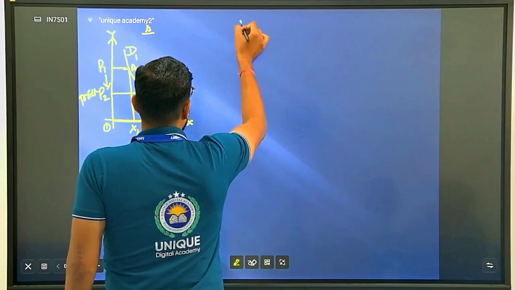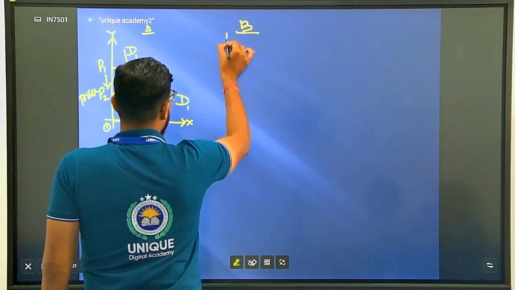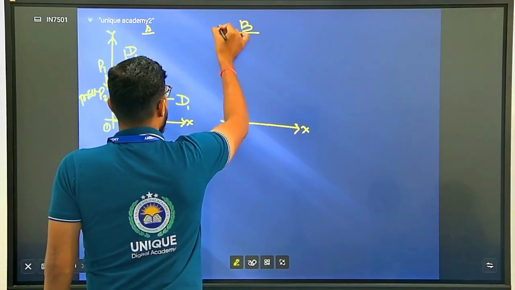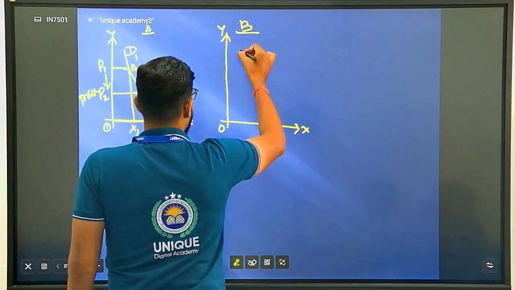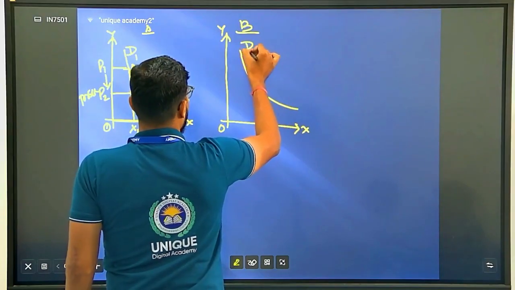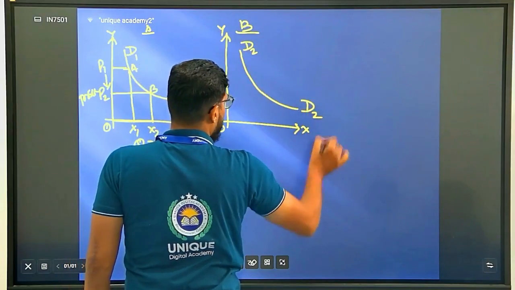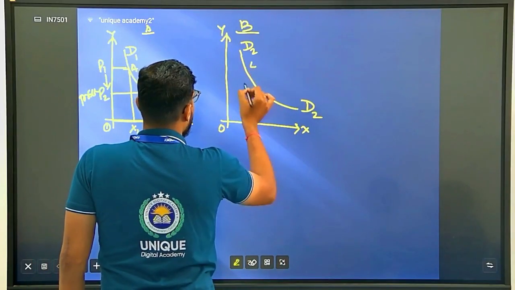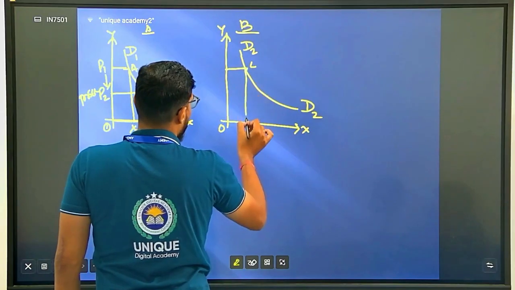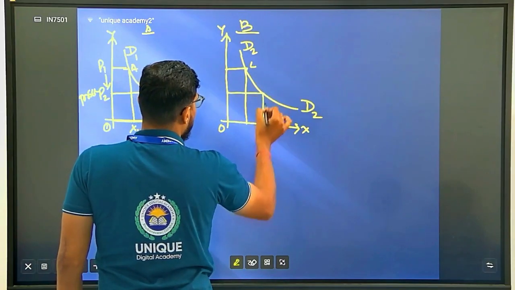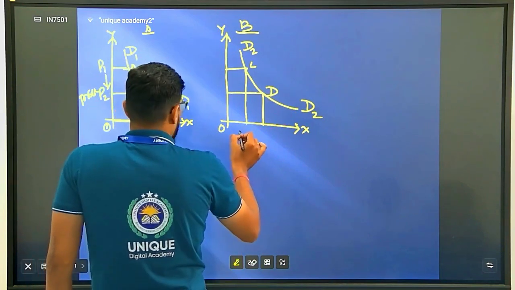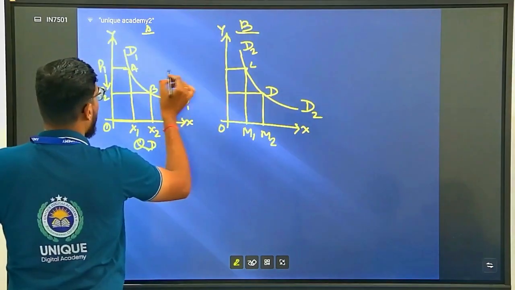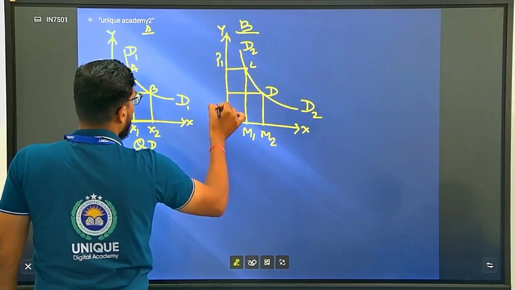Another individual B, demand curve sloping downwards from left to right, D2, with 2 points C and another point D. M1, M2, same price prevails in the market, P1, P2.